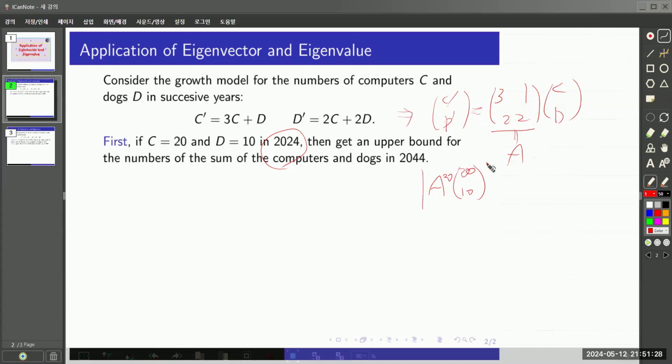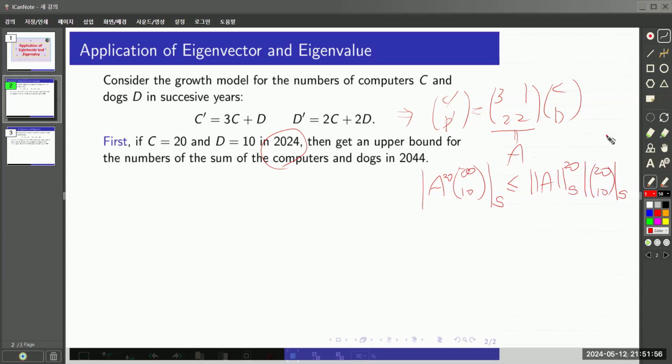The sum norm of this product is at most the sum norm of the matrix to the 20th power times the sum norm of this vector.